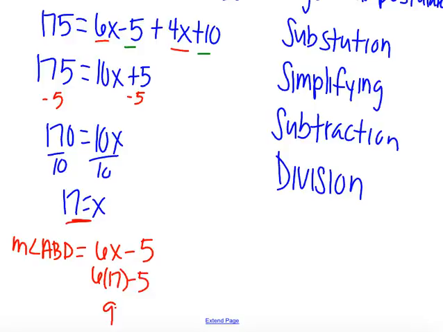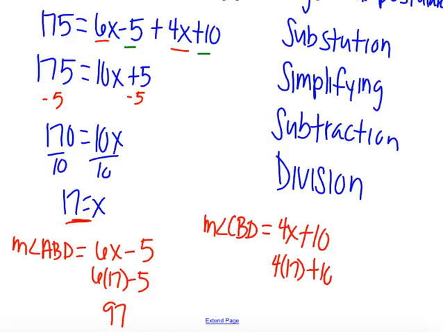We get 97. Same thing for the measure of angle CBD, which is equal to 4x plus 10. 4 times 17 plus 10, we get 78. And just to check to see if we did it right, 97 plus 78 is 175, which is what our big angle equals. So we checked out okay.